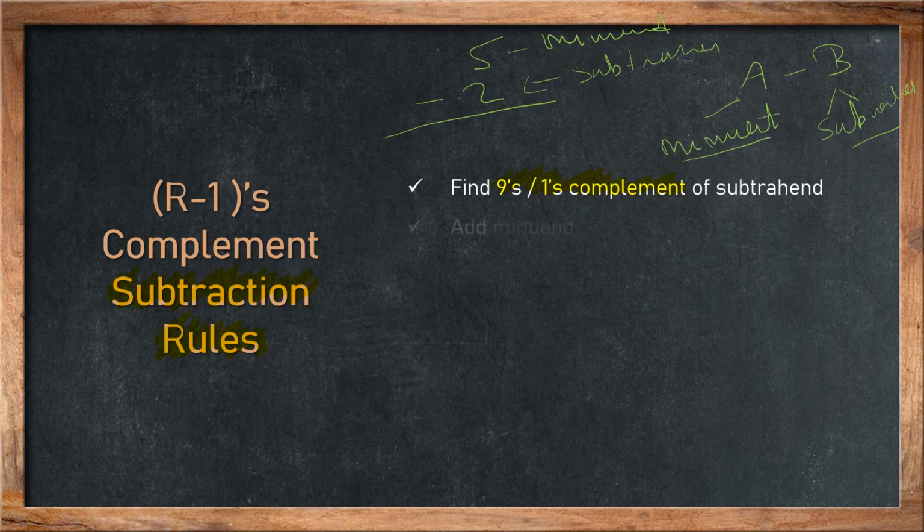What is the next rule? The next rule says add the minuend to the answer. Whatever nines complement or ones complement you get for the subtrahend, after that you just have to add the minuend. So the next step is an addition. Then the next rule says, if carry is generated, add the carry.